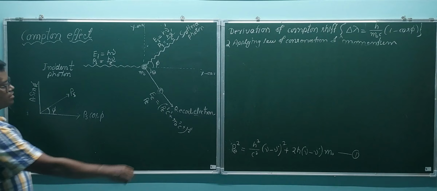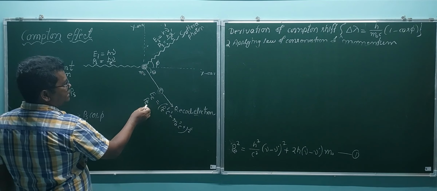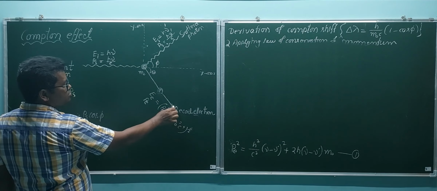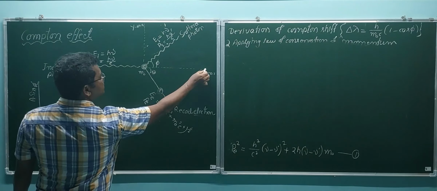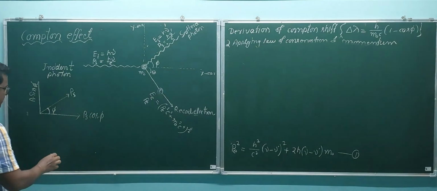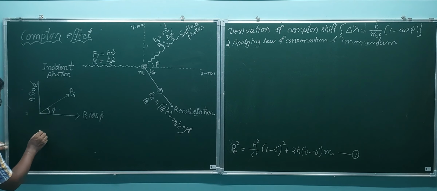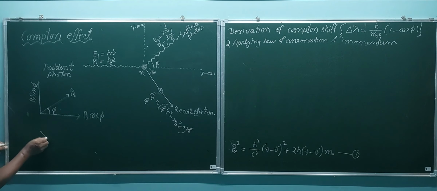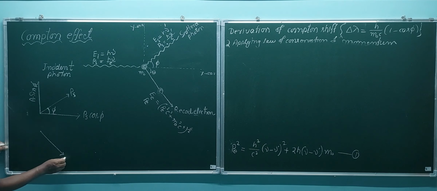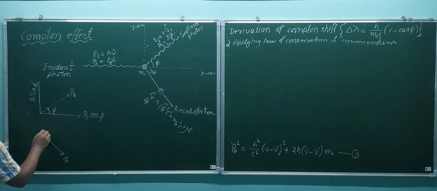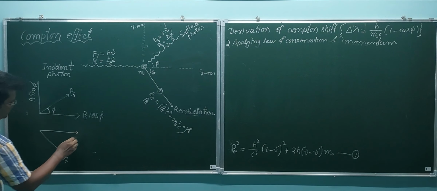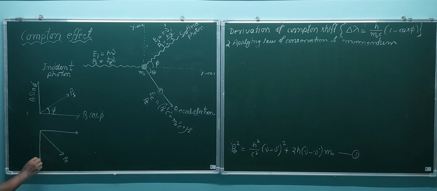Similarly, the momentum of the recoil electron can be resolved into x and y. So for the electron, the direction will be like this. Say this is our Pe. This is the x direction, this is the minus y direction.